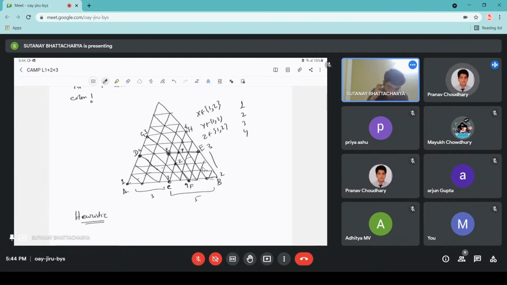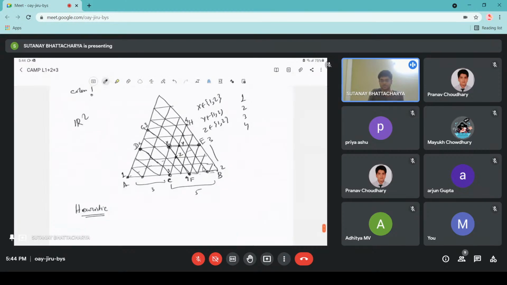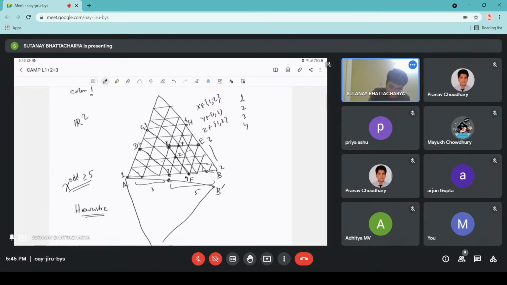So since we are looking at the entirety of R2 now, we are allowed to go outside this grid. We have already shown that staying inside this grid is useless. So since we want to prove 4 colors does not suffice, we can go outside the grid and take a copy of this grid, and by the same logic, this is color 1.